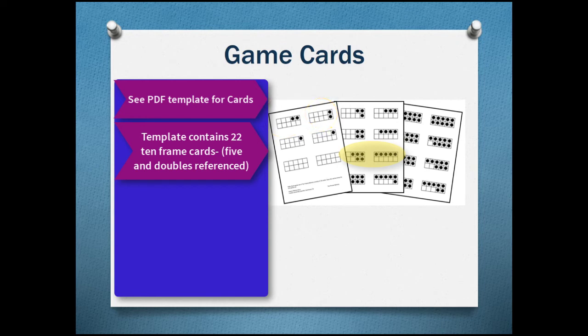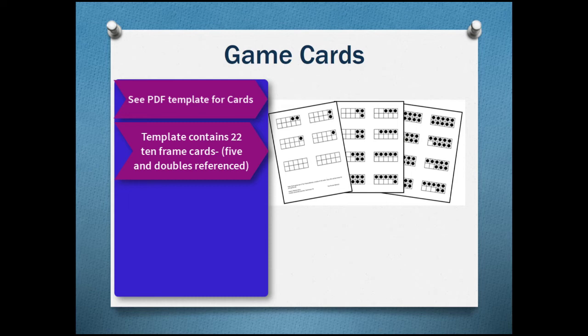So all of these are available. You can see the zeros there too. Each number from 0 to 10 shows up as doubles referenced, and it shows up as 5 referenced. So if you don't count the zeros, there are 20 cards. If you count the zeros, there are 22 cards.